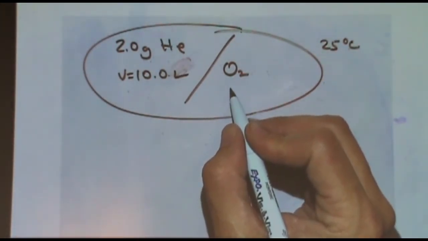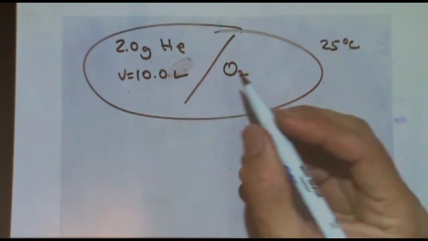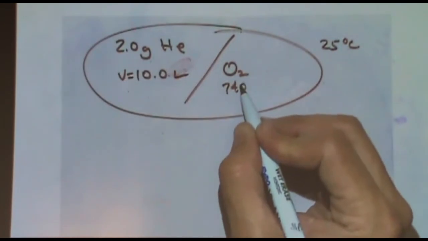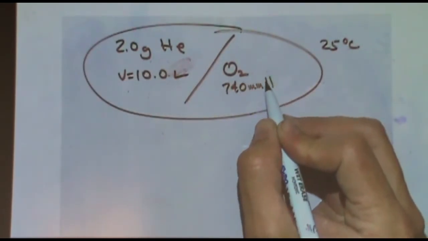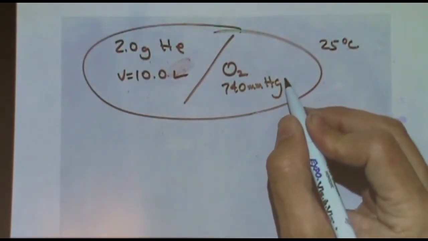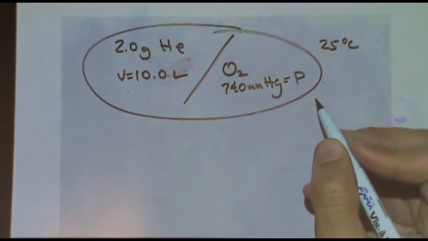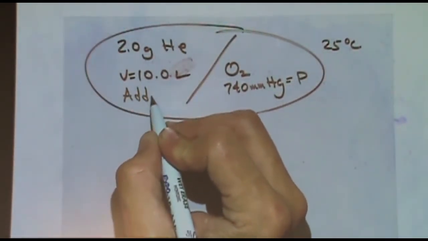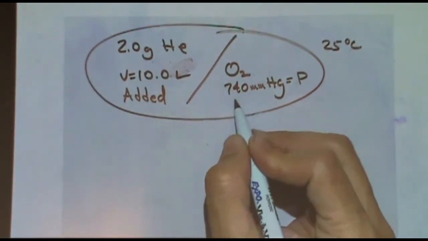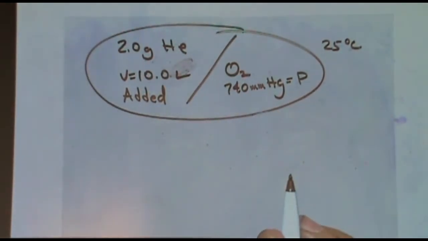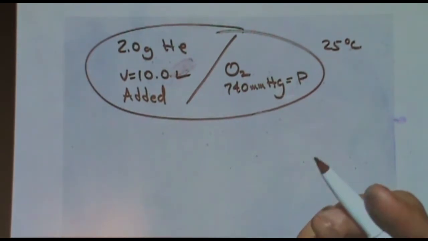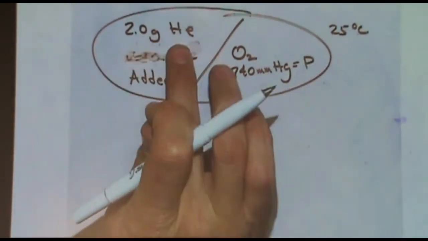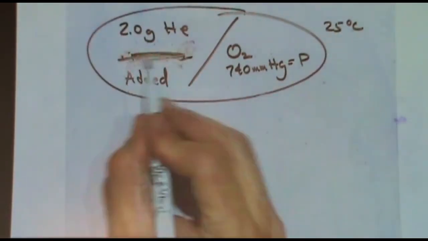The pressure, so the helium's added. This is initially at 740 millimeters of mercury. Okay, so this is added into the container. The oxygen's there initially. When you add the helium, the 10 liters goes for the whole vessel.